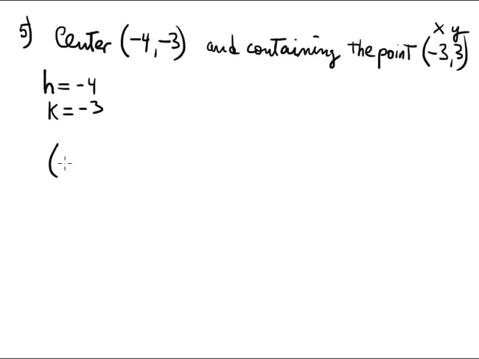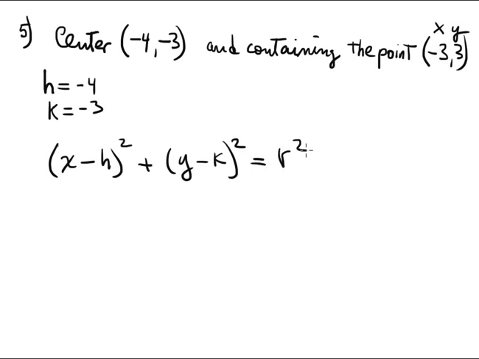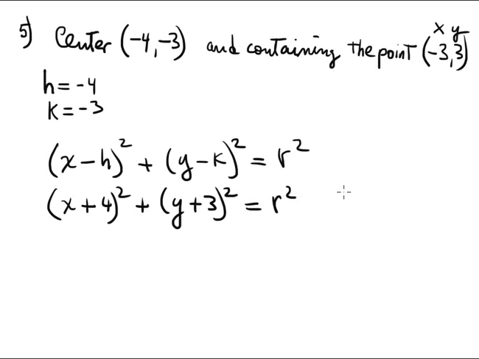So the equation in the standard form is x minus h squared plus y minus k squared equal r squared. In our specific example, x plus 4, because h is negative 4 and negative value become positive, plus y plus 3 is the same idea, equal r squared. But you don't know what is r.